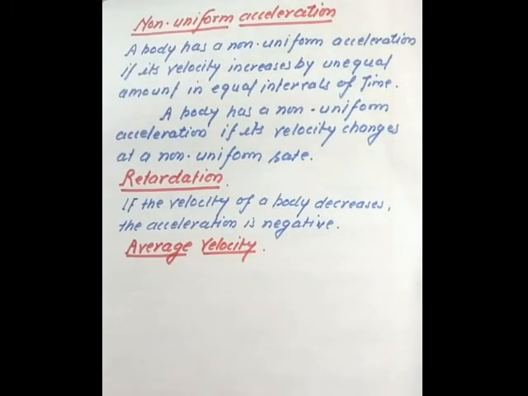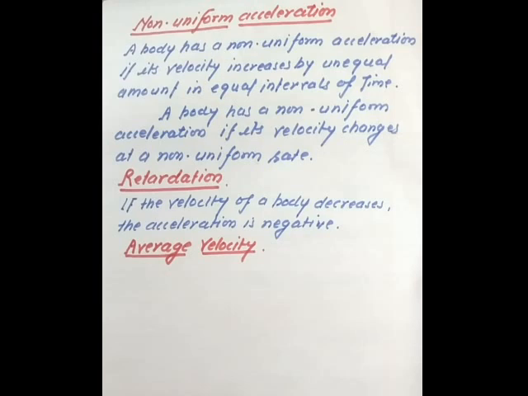If the acceleration is uniform, then the average velocity at that time is the arithmetic mean.